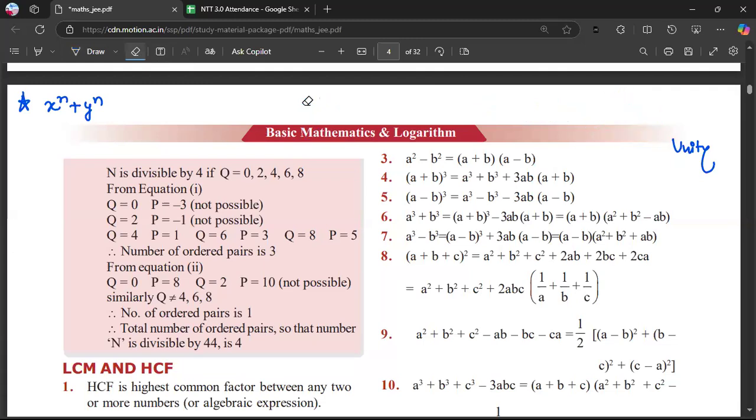Anyways, moving ahead. Now this is a very important concept to note down.